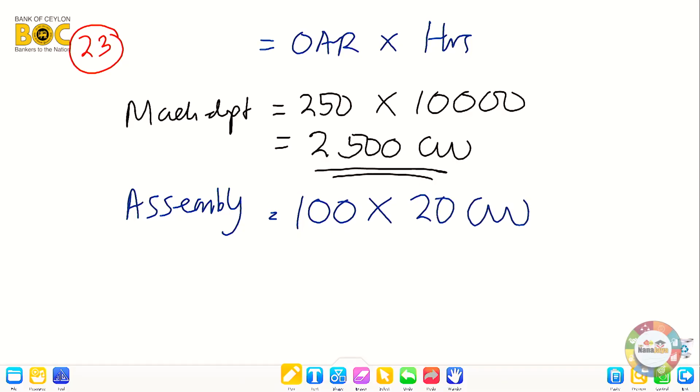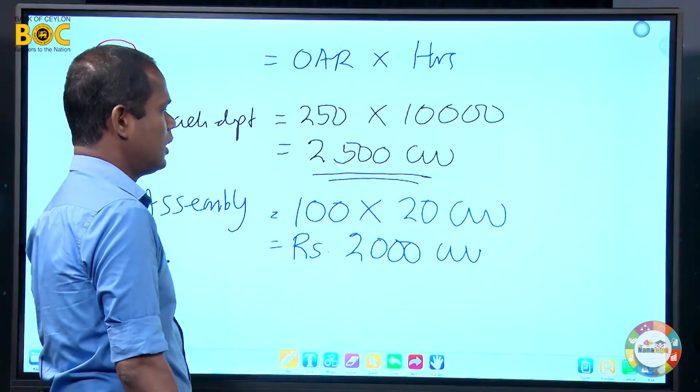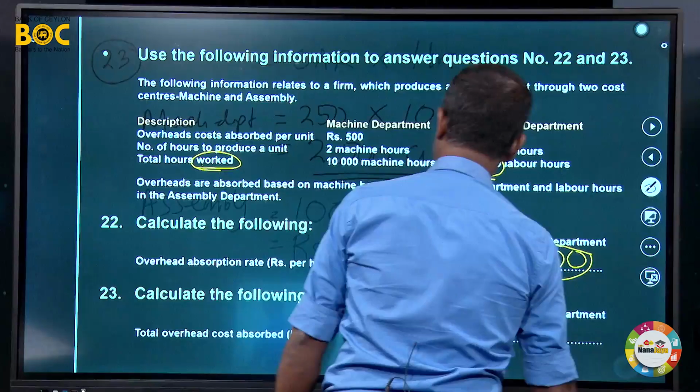Then you get 2 million rupees. The machining department 2,500,000, assembly department 2 million rupees.